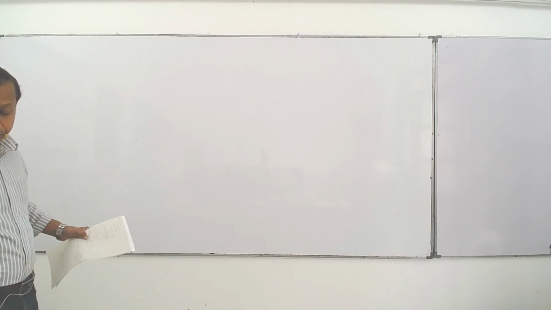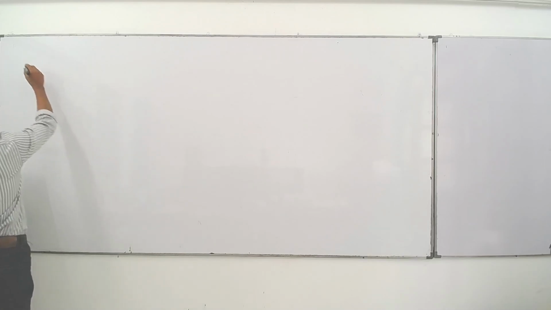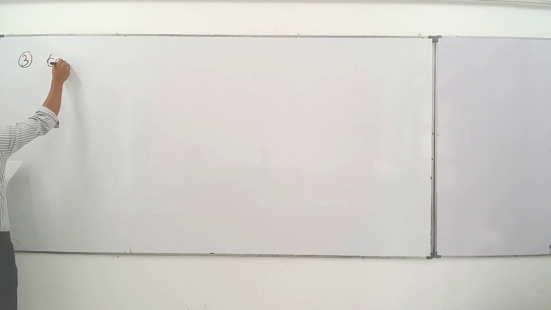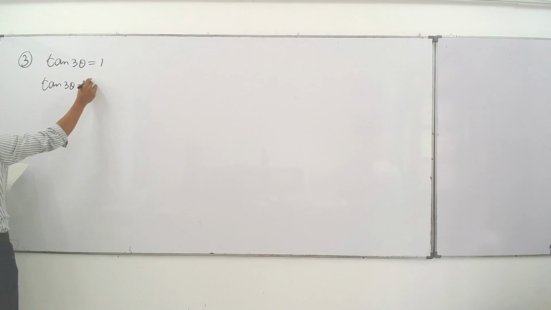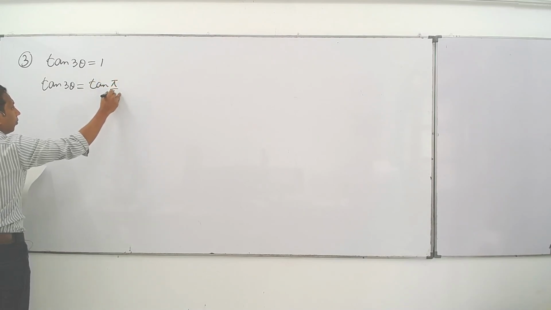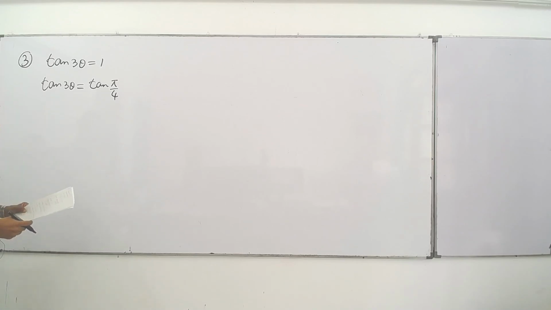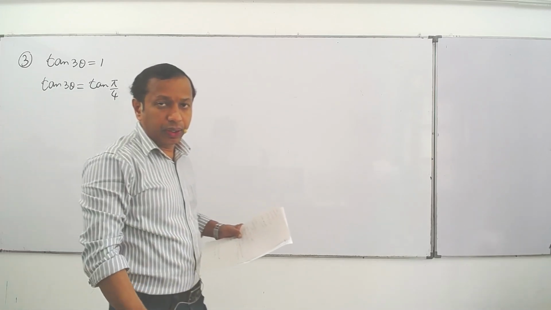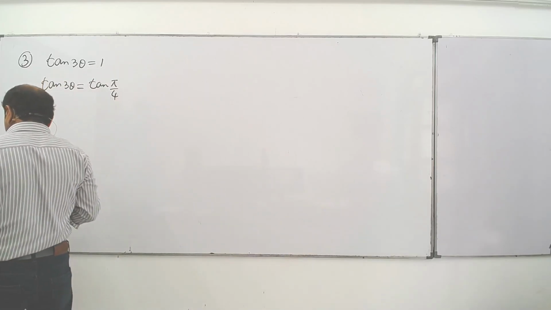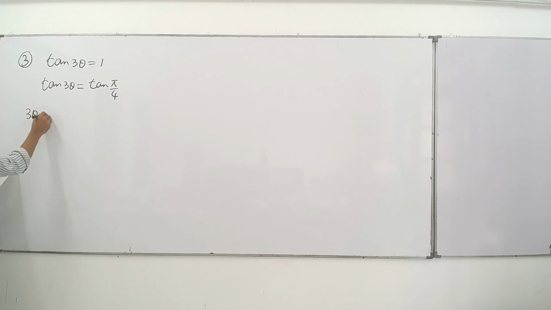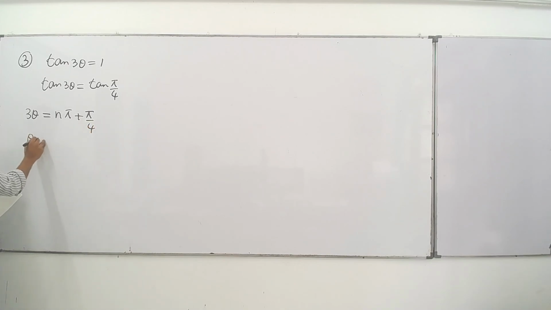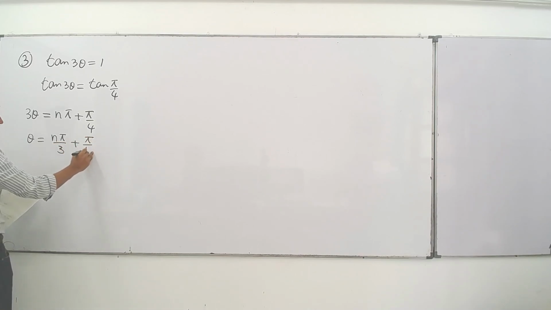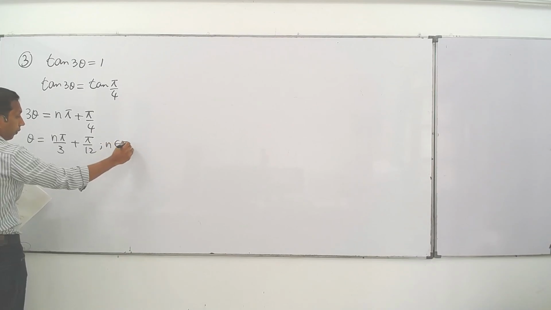General solution is asked. Tan 3 theta equals 1. I can write the right-hand side 1 as tan pi by 4. Then, right, we can write the general solution here. 3 theta is equal to n pi plus pi by 4, divided by 3: theta equals n pi by 3 plus pi by 12, n is an integer.